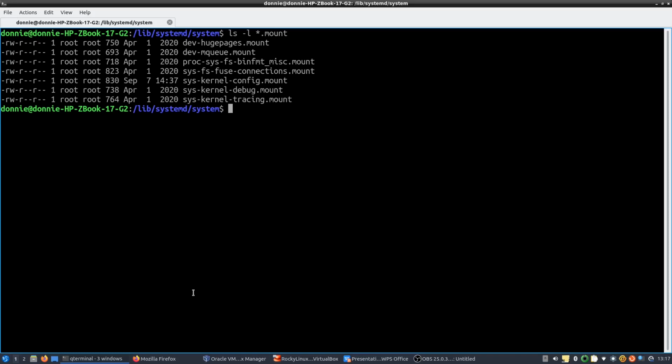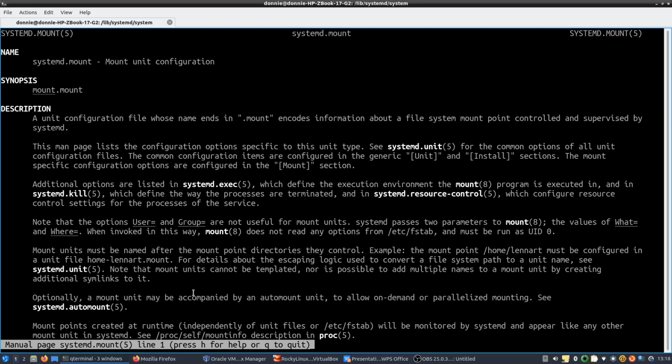Well, to answer that question, we're going to look at a man page, and we're going to do man systemd.mount. This is the man page which tells you how to configure a mount unit file.